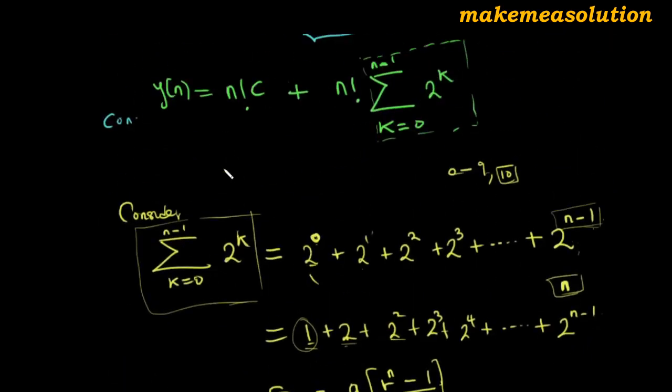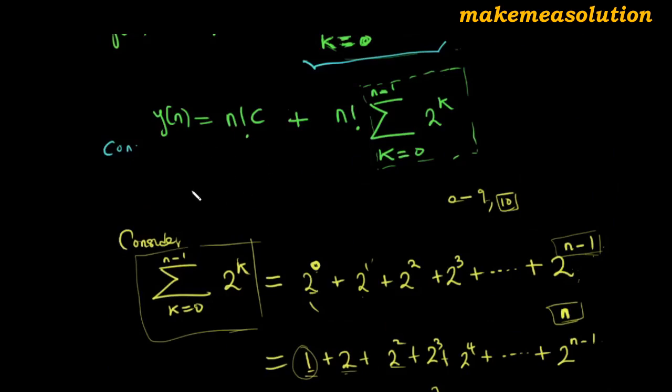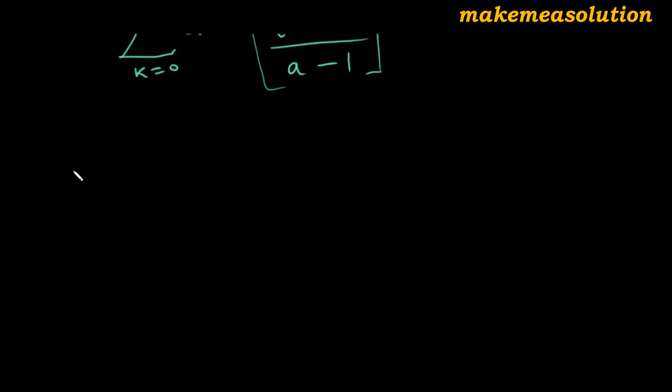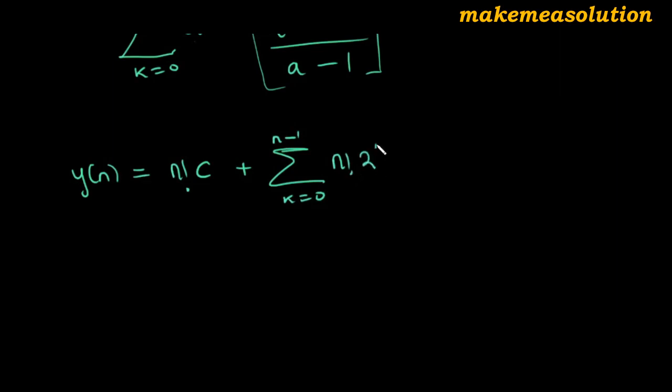So now that we've gotten it, we can go ahead and round up our answer from this point. So our y of n was formerly n factorial c plus the summation from k equals 0 to n minus 1 of n factorial times 2 raised to the power of k.